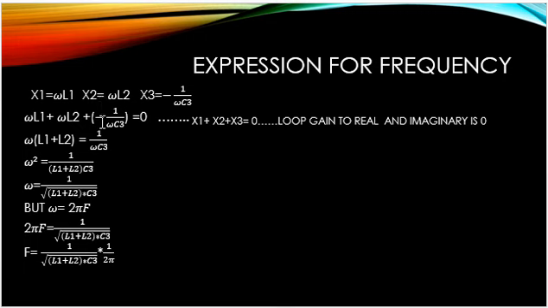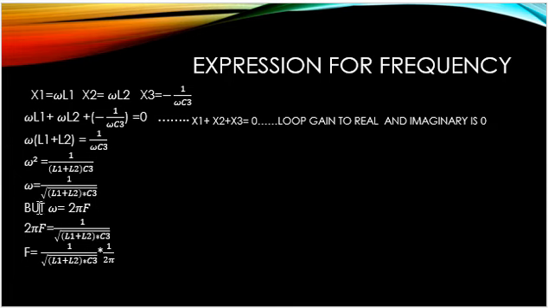As this is the negative part, we will shift this negative part to the other side of the 0. So we get the expression omega (L1 plus L2) is equal to 1 upon omega C3. Now omega will be brought together to give omega square, and L1 plus L2 will be brought from the numerator to the denominator. Then omega is equal to one over the square root of (L1 plus L2) times C3.